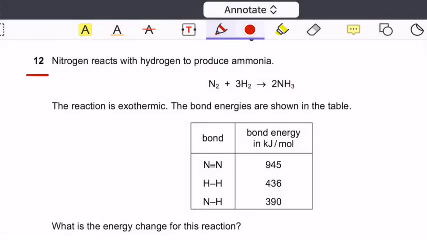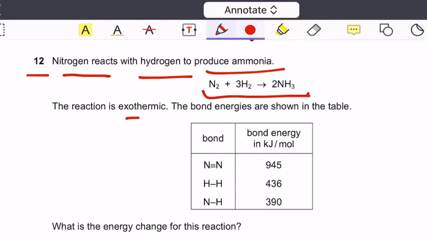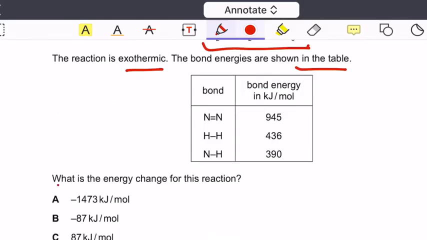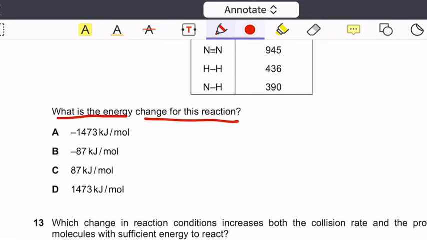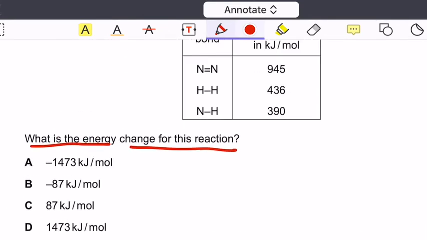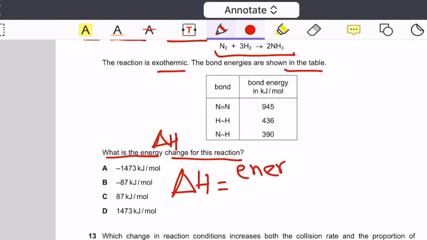Question number 12. Nitrogen reacts with hydrogen to produce ammonia. Chemical equation is given. The reaction is exothermic. The bond energies are shown in the table. What is the energy change for this reaction? Energy change is the delta H. Delta H is equal to energy needed to break the bonds minus energy produced when new bonds form.